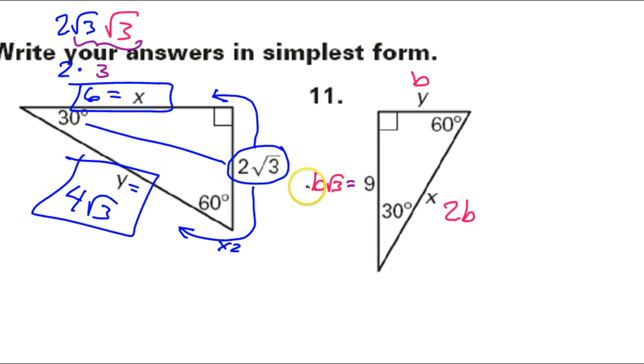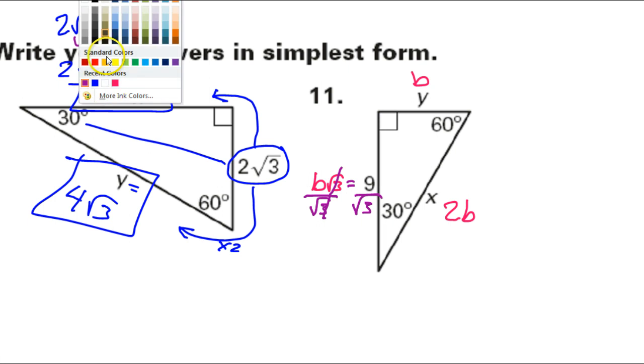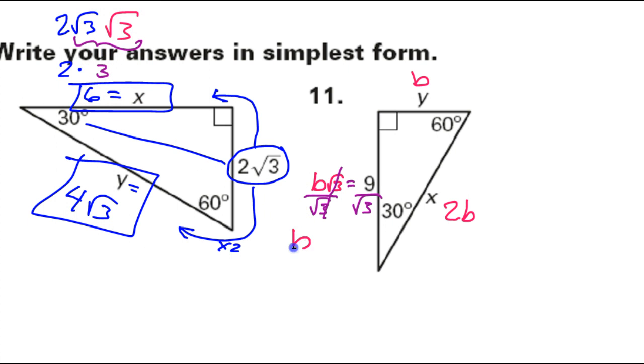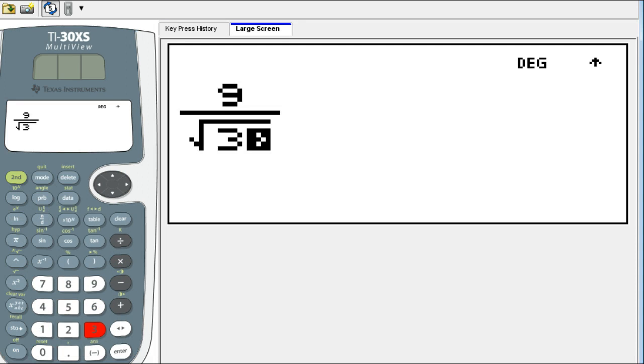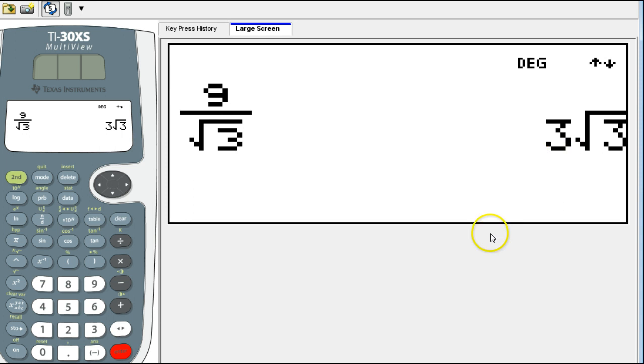So how would I solve this, you say? Well, we would just divide both sides by radical 3, to cancel those out. So that is going to tell me what b is. So 9 divided by radical 3. Okay, so if we do 9 divided by radical 3, that gives us 3 radical 3.